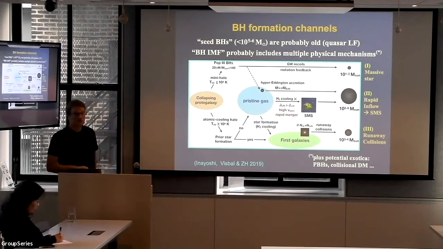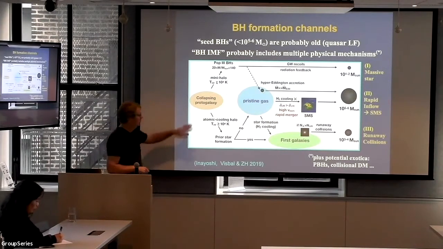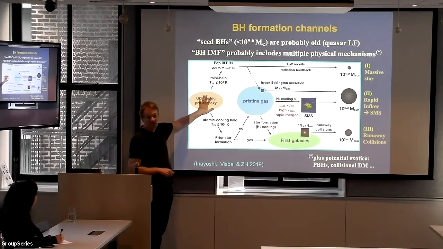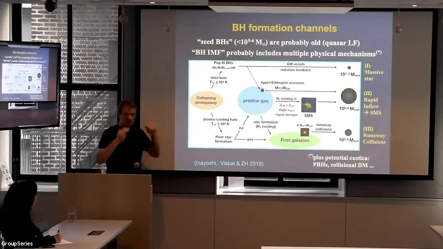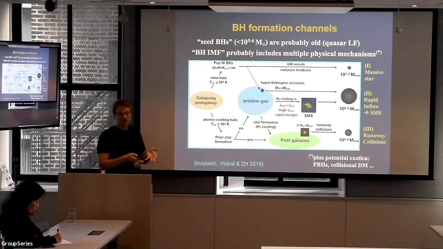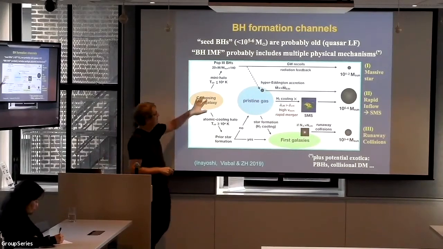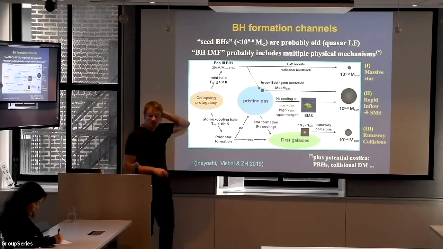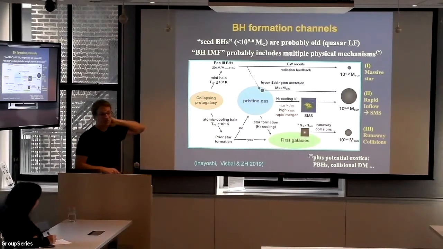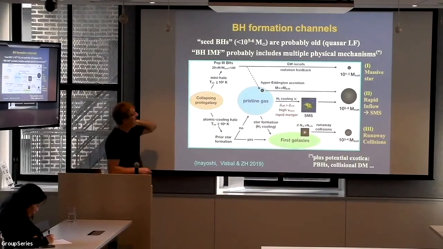In the early universe, we know that you have a collapsing proto-galaxy. These galaxies start appearing. These are the first dark matter halos in which gas can contract and cool. The first ones are called mini-halos. The virial temperatures in these halos are very low, hundreds of kelvin.